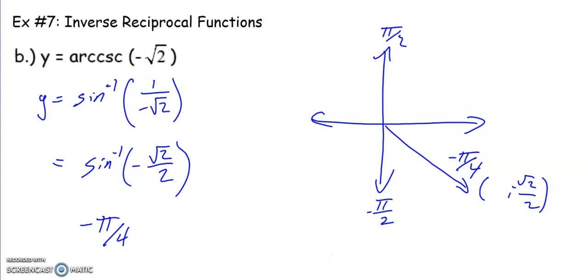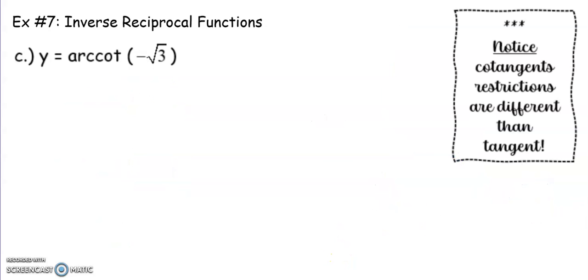Boom. Easy peasy. Let's do arc cotangent when we get together so we can talk about this one again. We'll do example 7C in class. If you've got any questions or anything was unclear, let me know. Please be careful when you're doing your secants and your cosecants that you're using the correct reciprocal function, because I'll be honest, on my notes when I did this beforehand, I said secant was sine, and that's what took me a minute to catch.